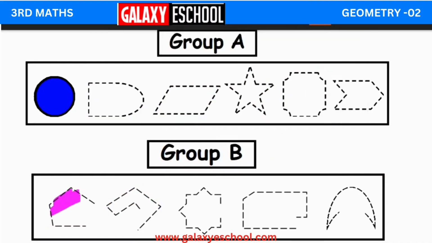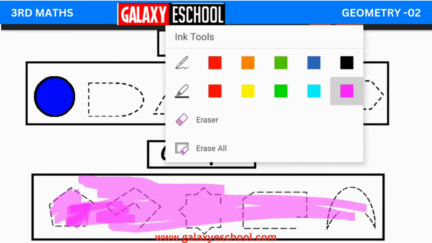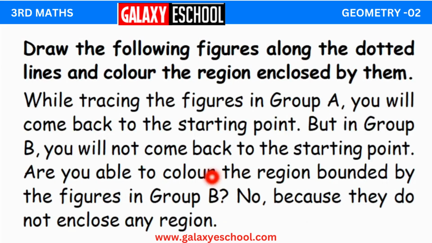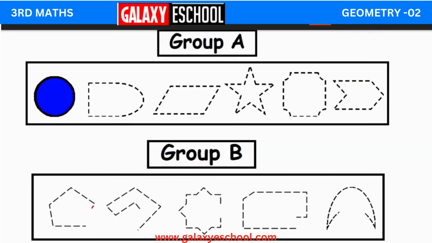See children, if I start coloring, how will I know where to stop? Should I stop here, or should I go till here, or should I color everything beside it? How will I know? We cannot know. So we cannot color the figures in group B because they do not enclose any region. They are not enclosing. That means they are not closed.